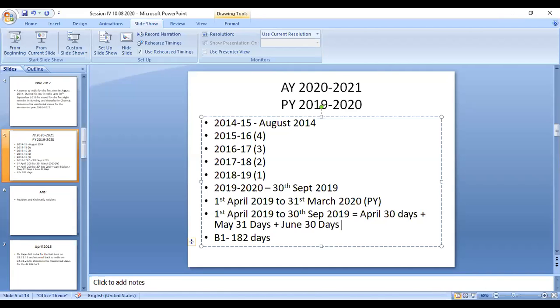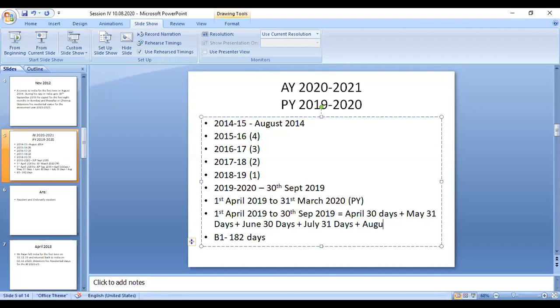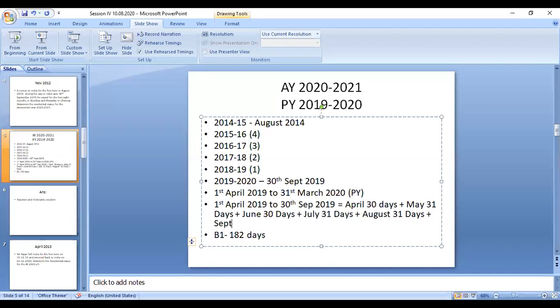June, 30 days. Then July, 31 days. Add August, also 31 days. Then September up to 13th day. September full days, 30 days, is in India only.